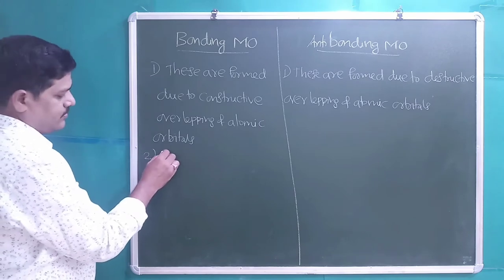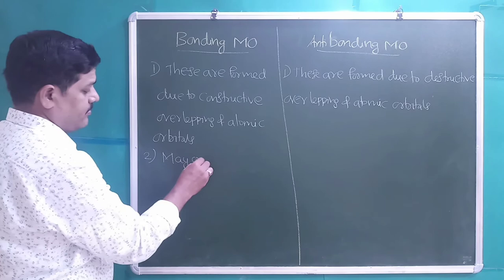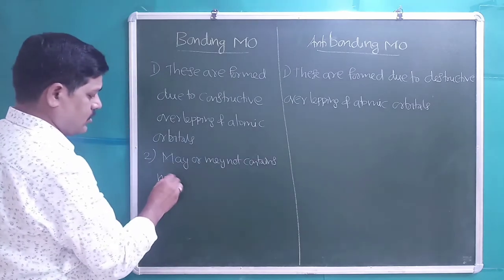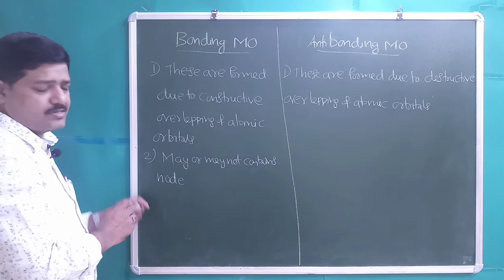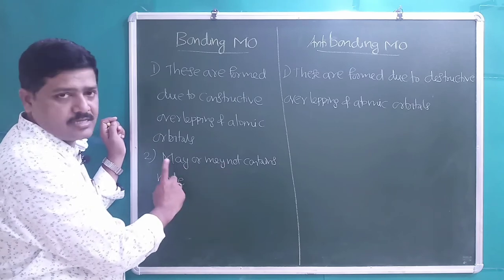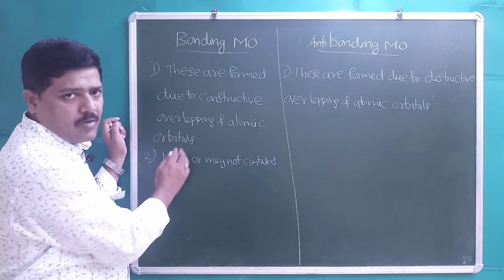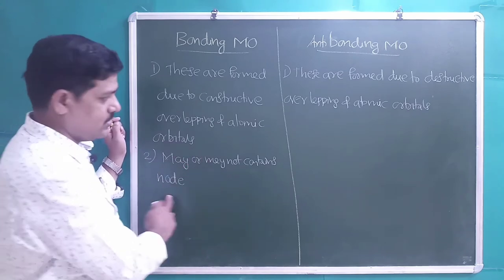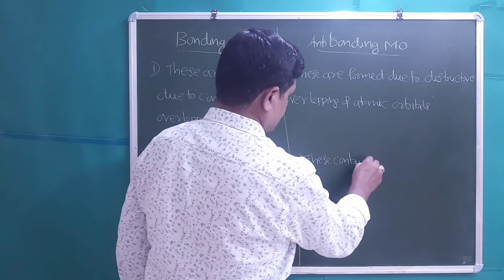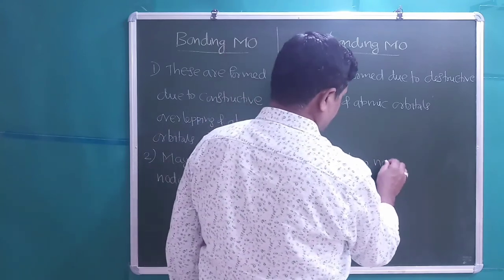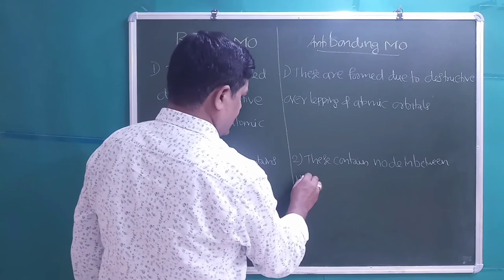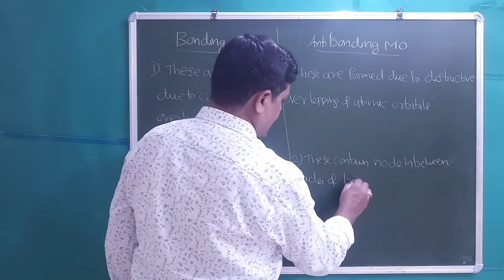Bonding molecular orbitals may or may not contain a node. A node is a region where the probability of finding an electron is 0. Some bonding molecular orbitals contain nodes, and some do not. Anti-bonding molecular orbitals contain a node in between the nuclei of the bonded atoms.